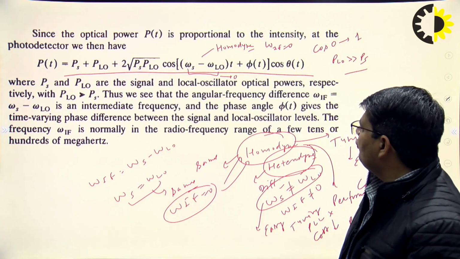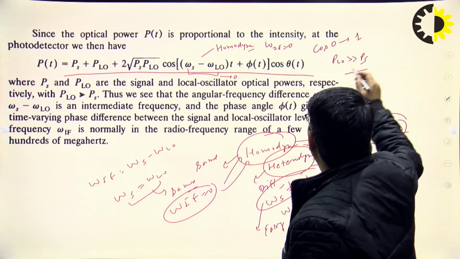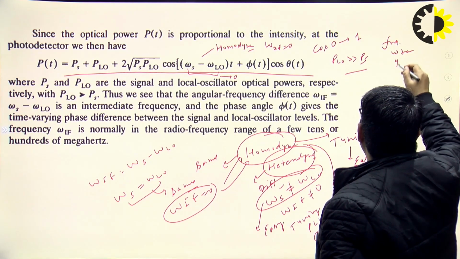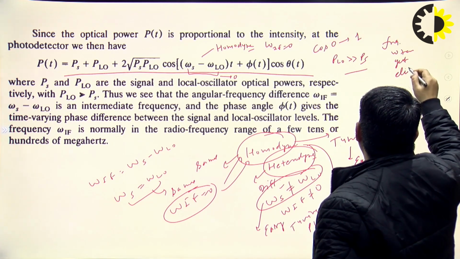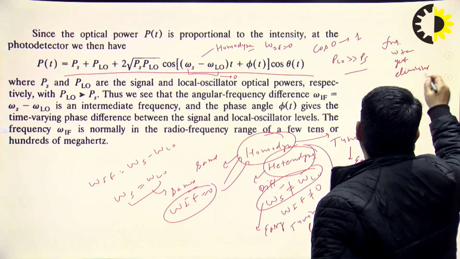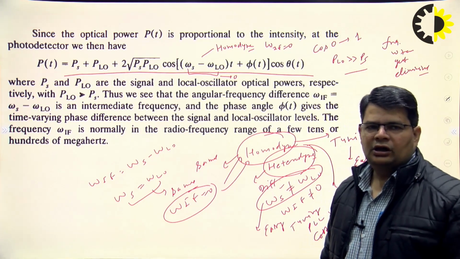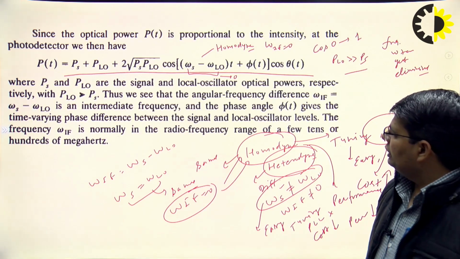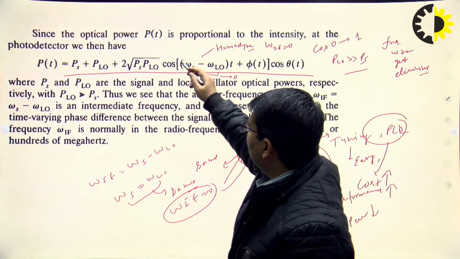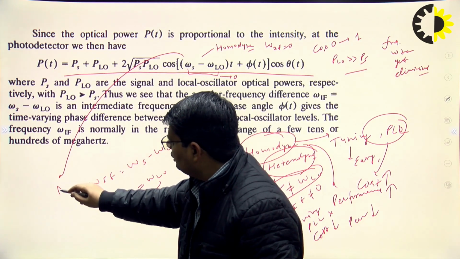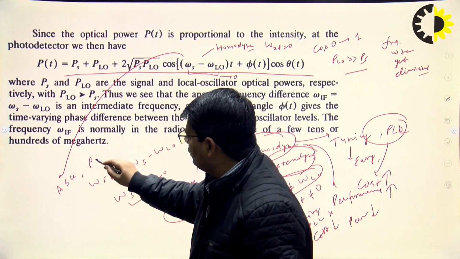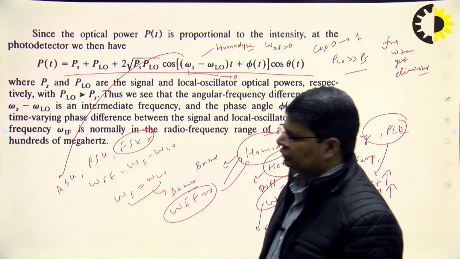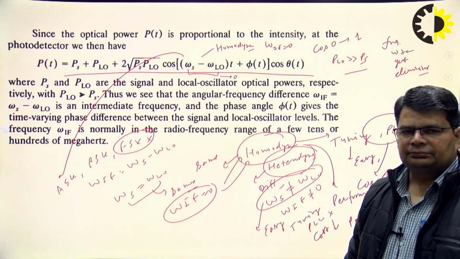So in the case of homodyne detection, this frequency term gets eliminated, and if the frequency term gets eliminated, we can only vary either the amplitude or the phase. So in homodyne detection, we will be able to apply only either ASK or PSK. FSK cannot be applied. So this is the limitation of homodyne detection.